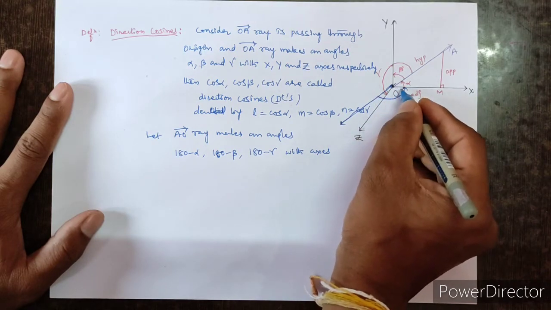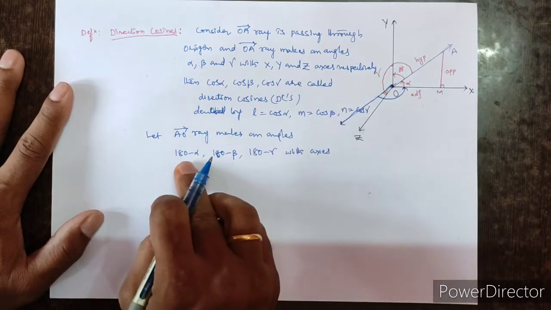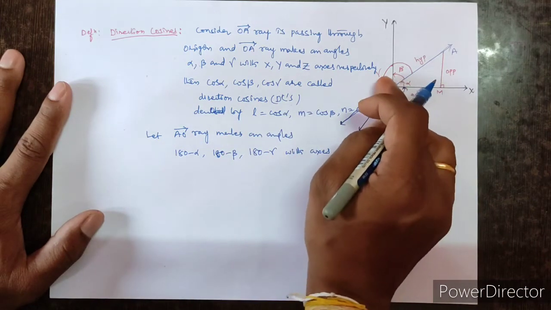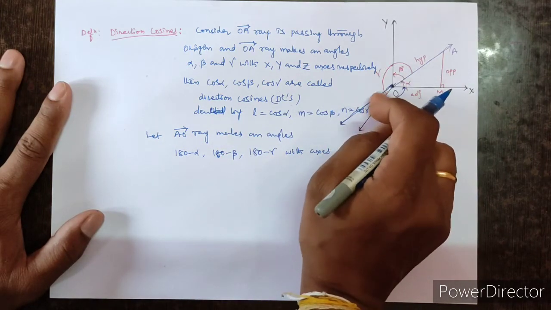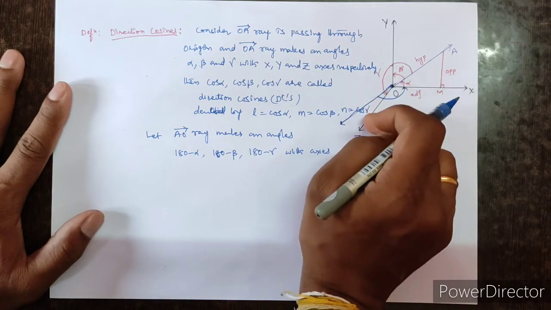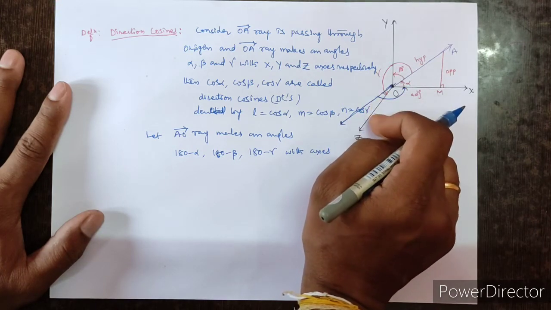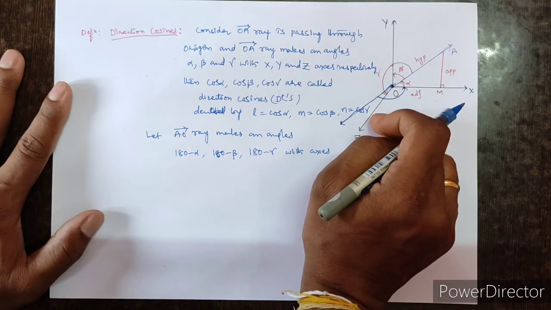So AO ray makes an angle with x-axis is nothing but 180 minus alpha. Same like that AO ray makes an angle with y-axis is nothing but 180 minus beta, and AO ray makes an angle with z-axis is nothing but 180 minus gamma.